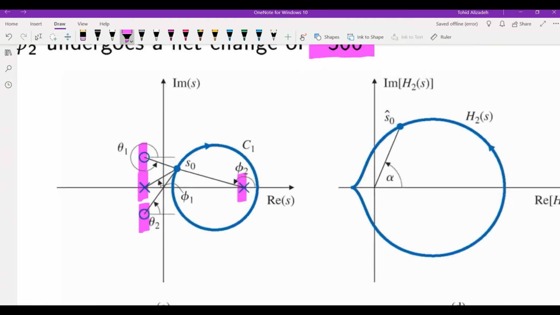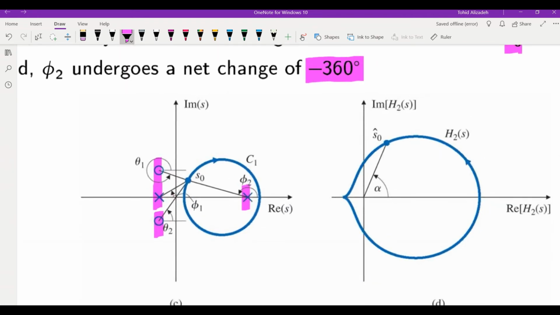So let's see how phi 2 undergoes a net change of minus 360 degrees. If we start on the real axis, if we set our starting point here, for phi 2 we will have the angle of 180 degrees, which is basically this point.